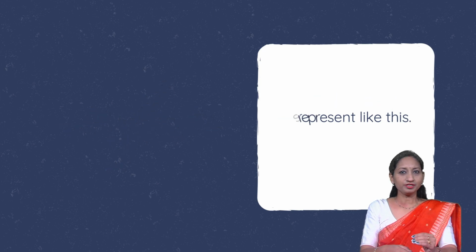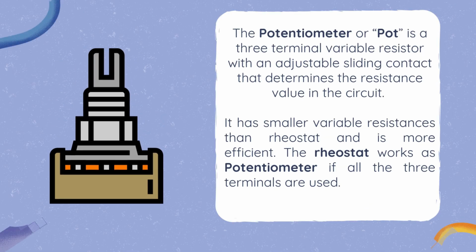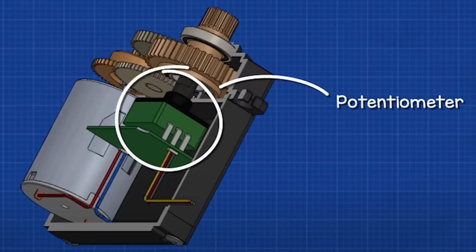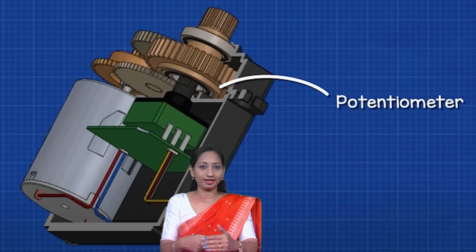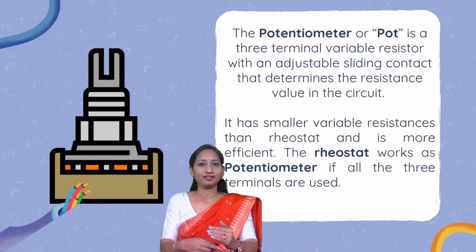The potentiometer or pot is a 3-terminal variable resistor with an adjustable sliding contact that determines the resistance value in the circuit. It has smaller variable resistance than a rheostat and is more efficient. The rheostat works as a potentiometer if all the 3 terminals are used.